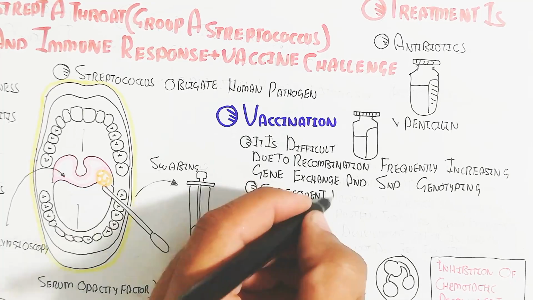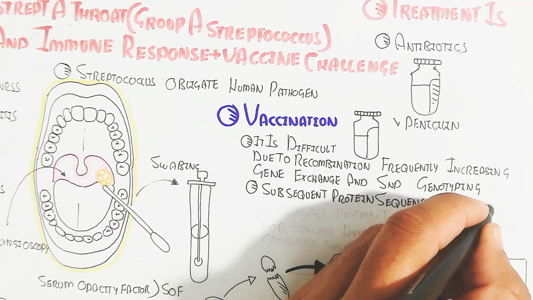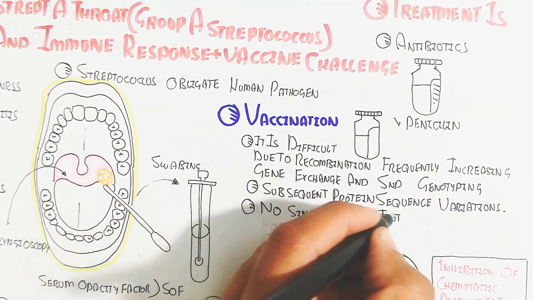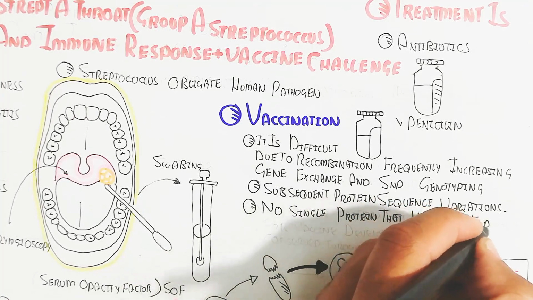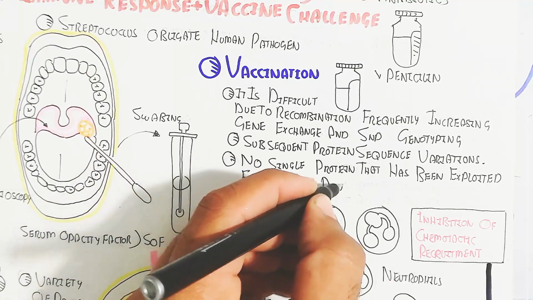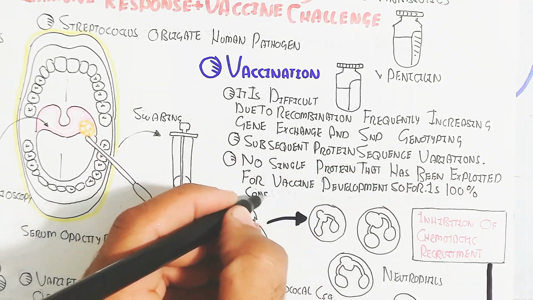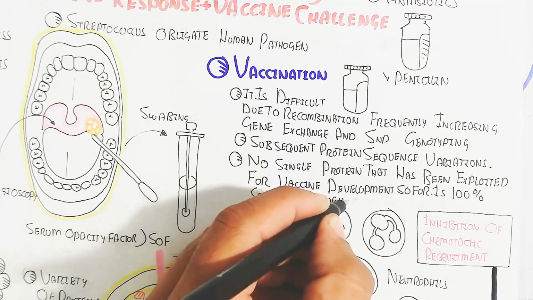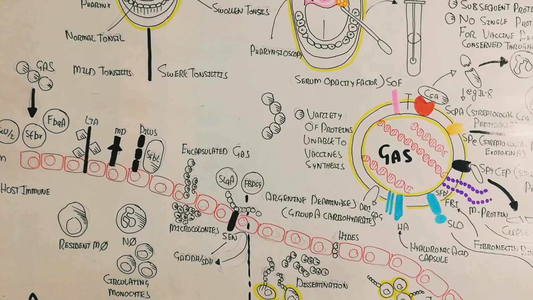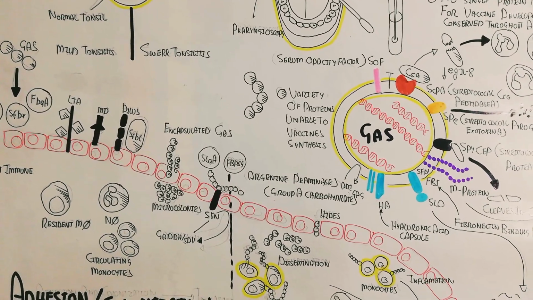The single nucleotide polymorphism is the problem, with the subsequent variation in protein sequence, and no single protein has been exploited for vaccine development. So far none is 100% conserved throughout all GAS isolates, and this can cause disease progression and makes it unable to synthesize a vaccine due to the variety of proteins.